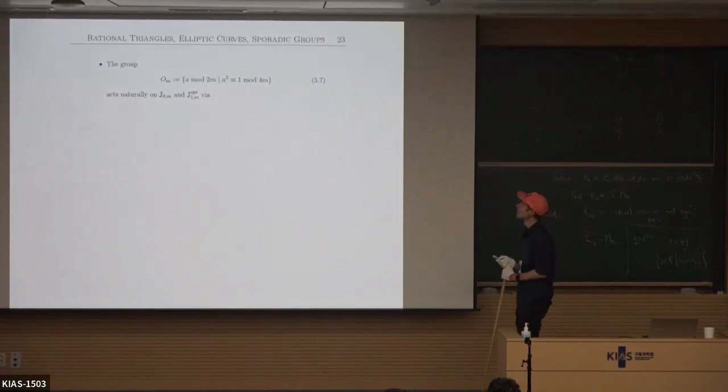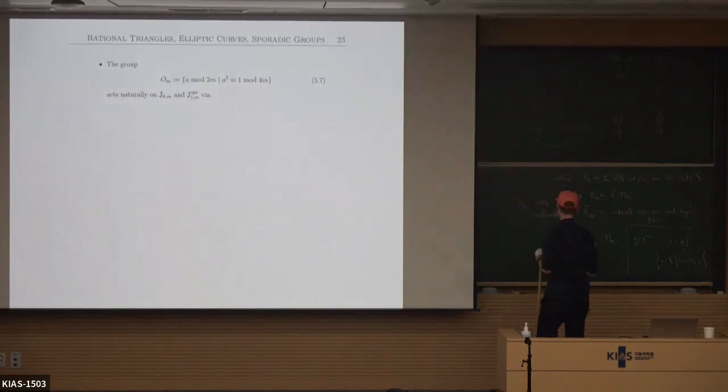To do so, I want to have a little bit more control over the space. The space has some symmetry. This group OM is the orthogonal group of the discriminant.